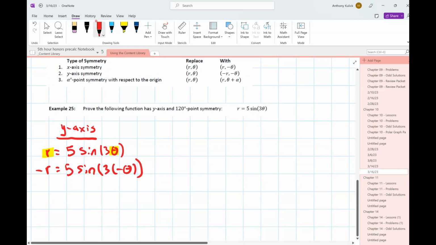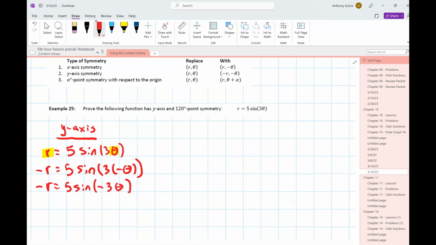Okay, well, I know that 3 times negative theta is just negative 3 theta. Everybody's okay there? And if you think back to first semester, we have an identity for sine of negative theta. Everybody remember that? What is sine of negative theta equal to? Carmen? Negative sine times theta? Excellent. Yes.